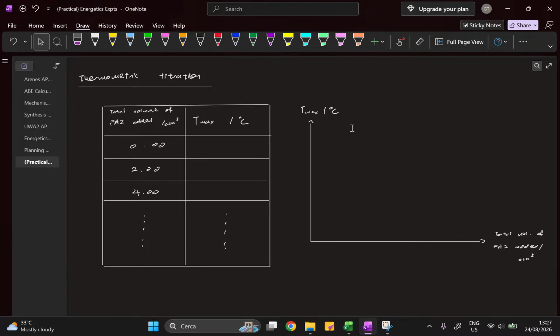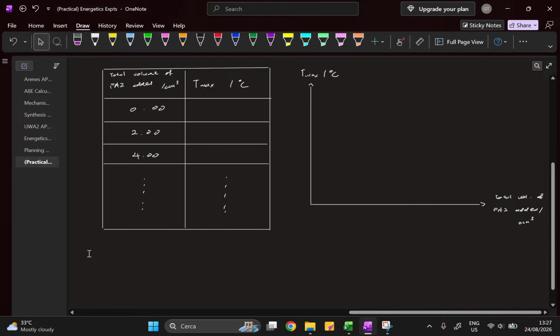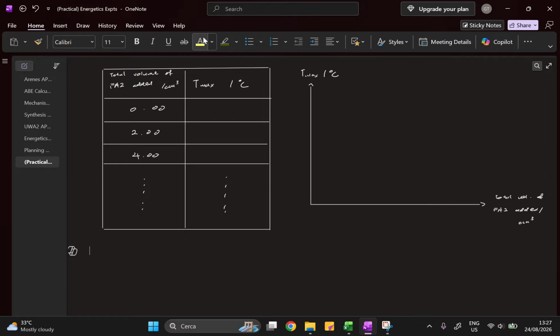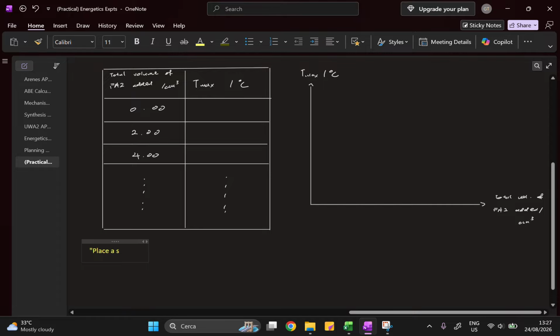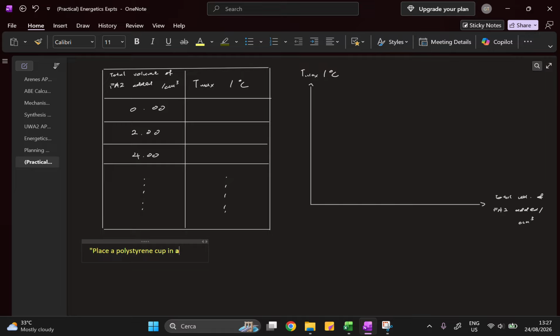But for my personal practice, when I have to write in planning, I will always say, place a styrofoam or polystyrene cup in another polystyrene cup and place both cups in a 250 cm³ beaker.